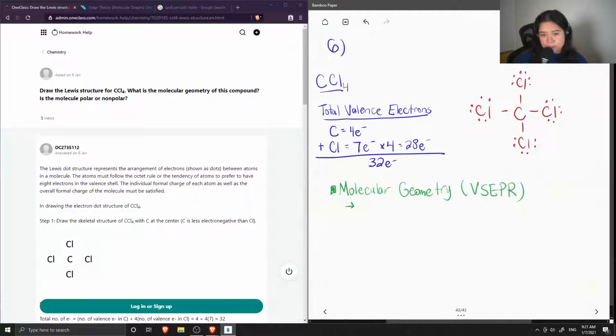And first, I look at my central atom, which is carbon, and then I count out how many lone pairs carbon has. So in this case, carbon has 0 lone pairs. And then I like to count out how many bonded atoms are attached to the carbon. So this carbon has 4 bonded atoms.